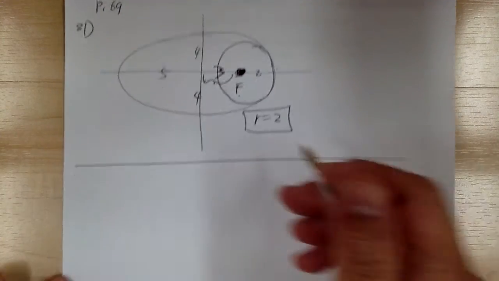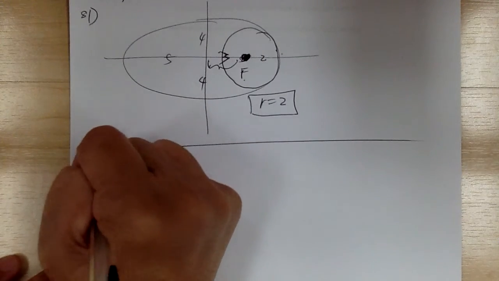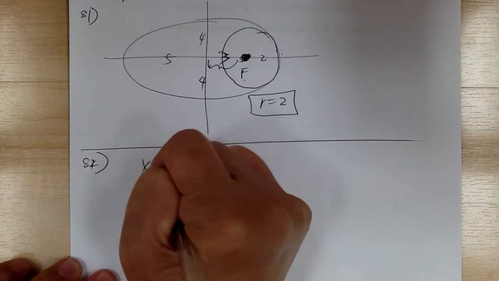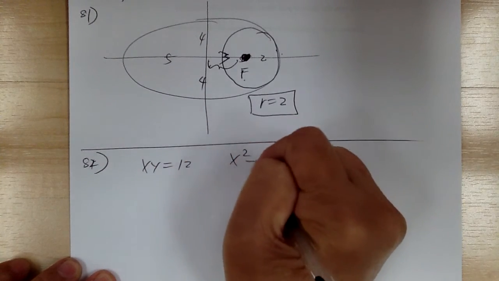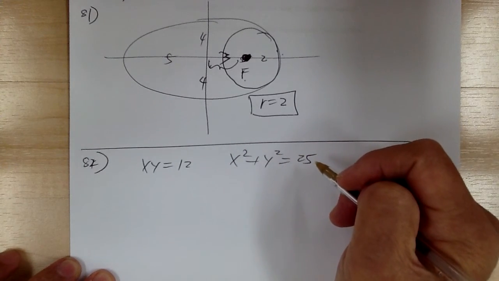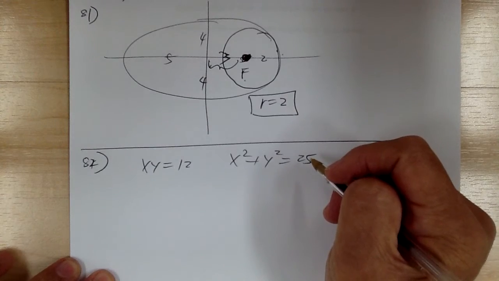Okay, let's go to the next one, number 82. The points of intersection of xy equals 12 and x squared plus y squared equals 25 are joined in succession. What is the result of the figure?